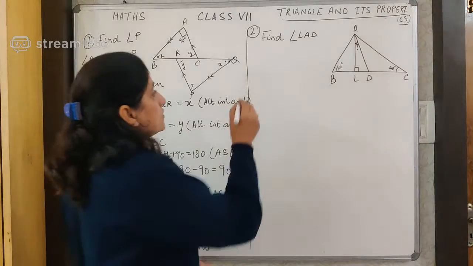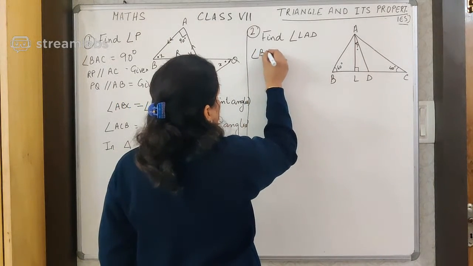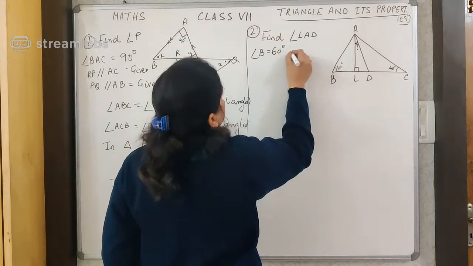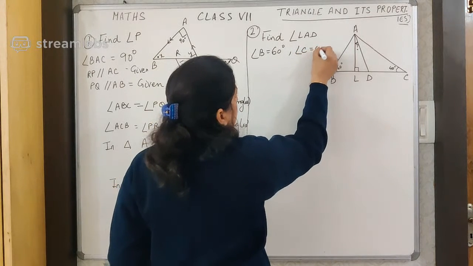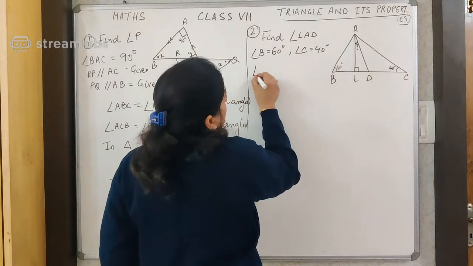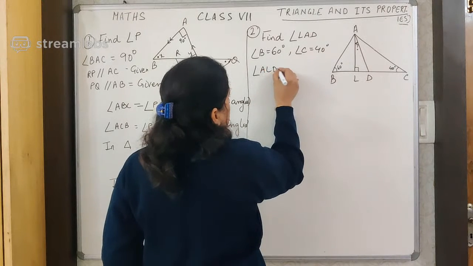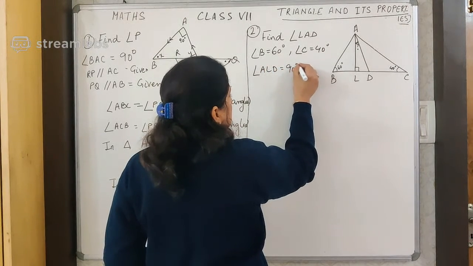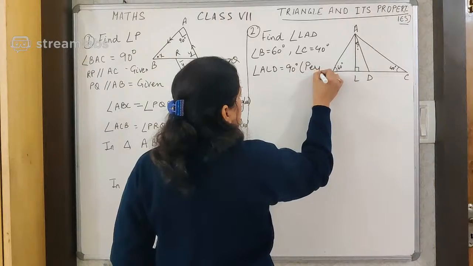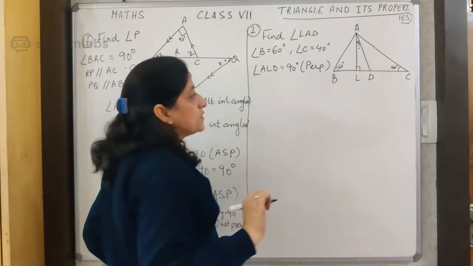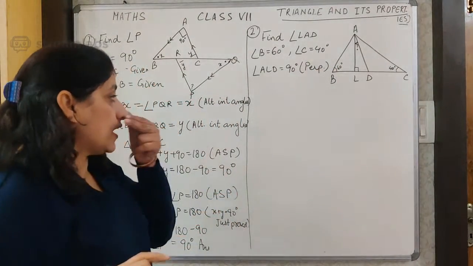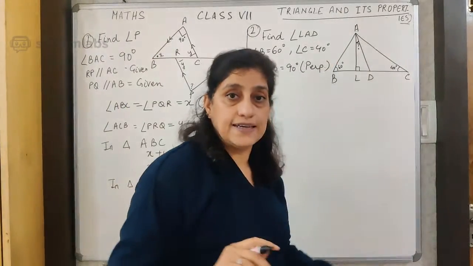The information given is angle B is equal to 60 degrees. Angle C is equal to 40 degrees. Angle ALD is equal to 90 degrees because it is a perpendicular. Okay, this much is given to us. And now we have to find angle LAD.